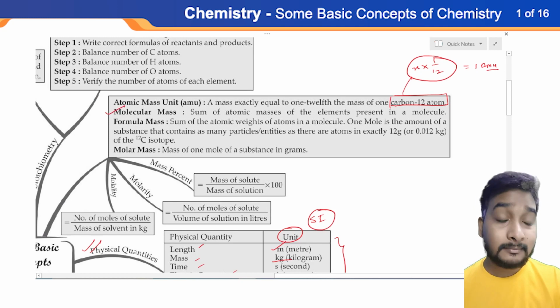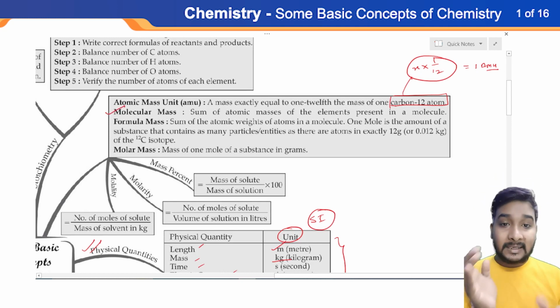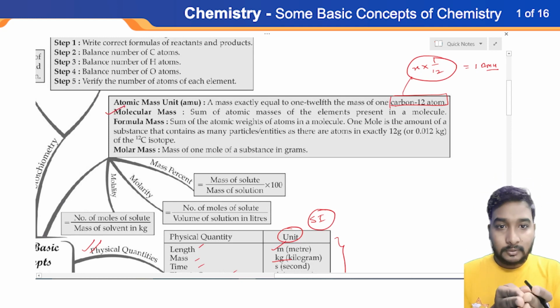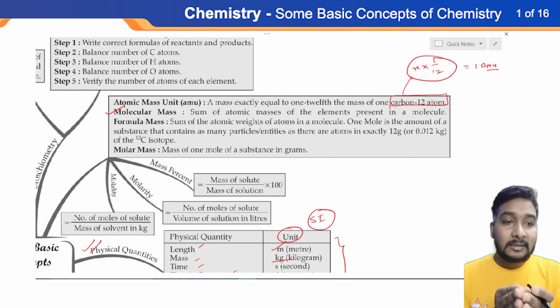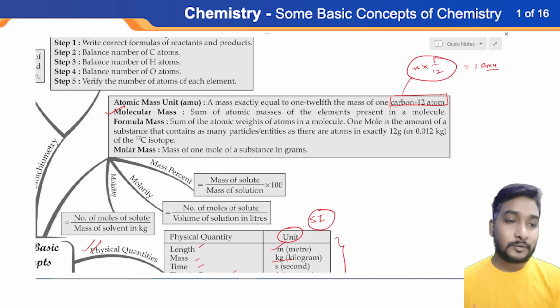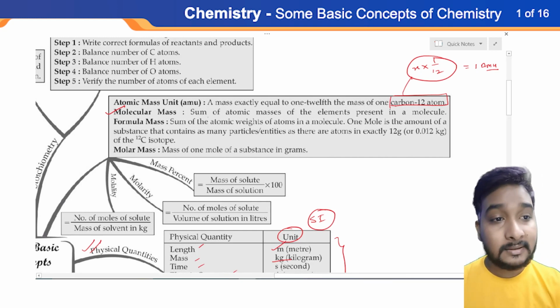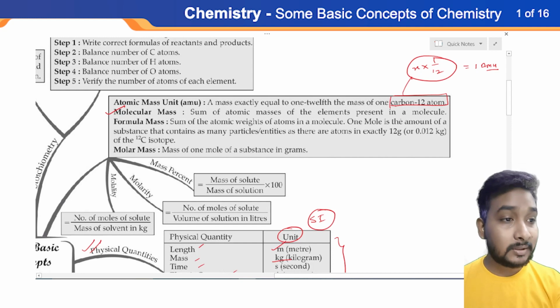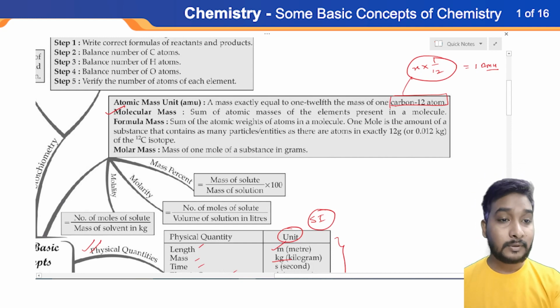Now what is molecular mass? When atoms combine together, they will create a molecule. So if atomic mass is the mass of one atom, molecular mass is the mass of one molecule made by the same or different atoms. Okay, so the definition is already written: sum of atomic masses of the elements present in a molecule. Suppose we have H2O.